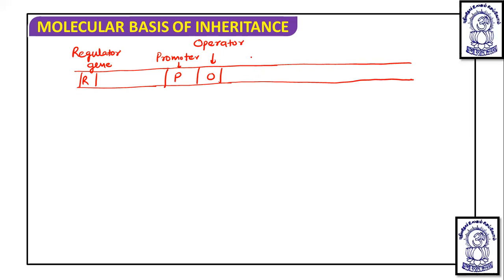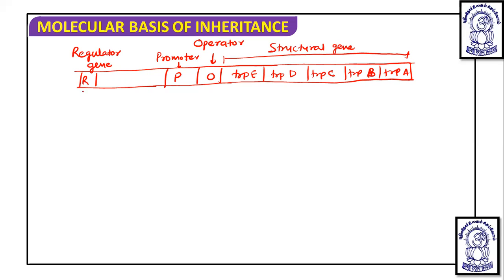Now here trpE, trpD, trpC, trpB and trpA genes are there. And these are all structural genes, from trpE to trpA.